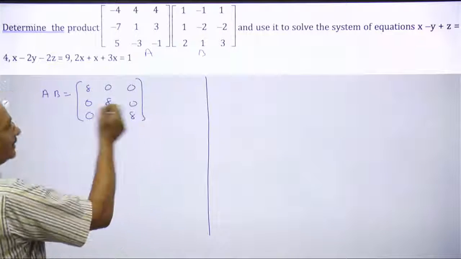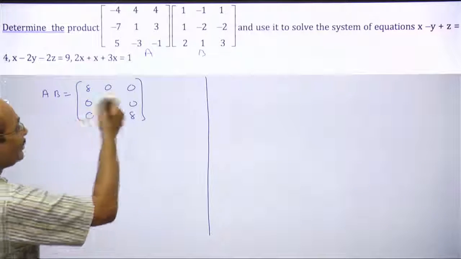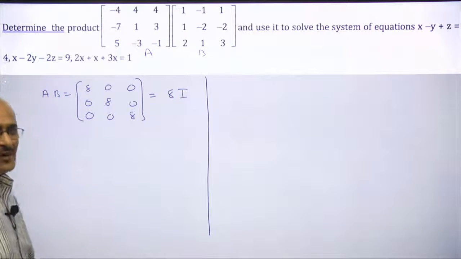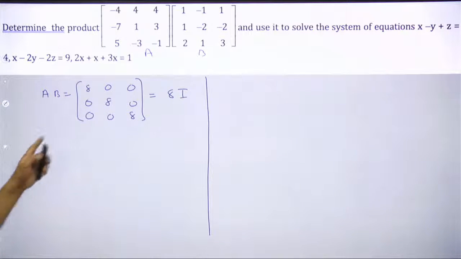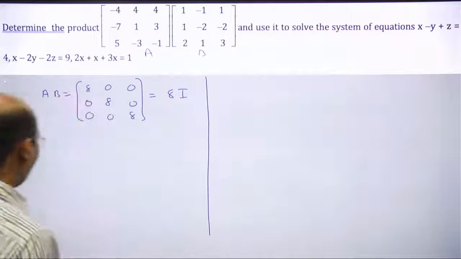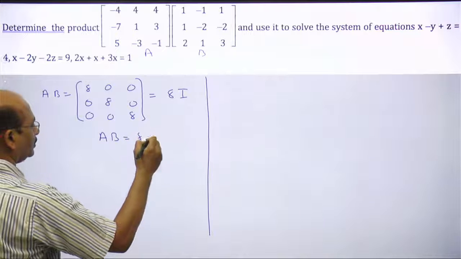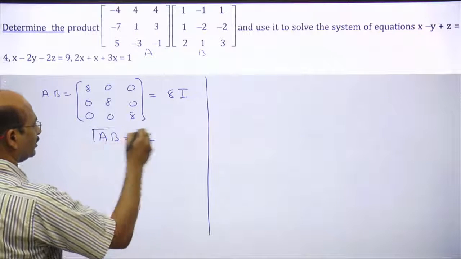So if you look at this, it is 8I. Try to understand, this is nothing but 8I. I hope you got this point clear. Now once you have AB is equal to 8I, just keep this result handy, because you are going to use it.